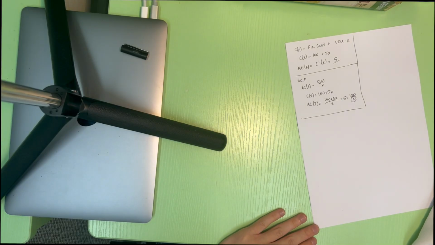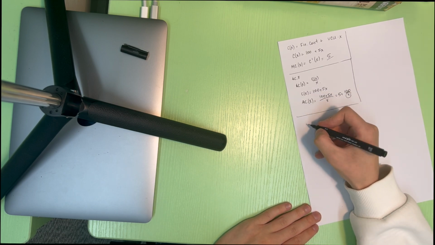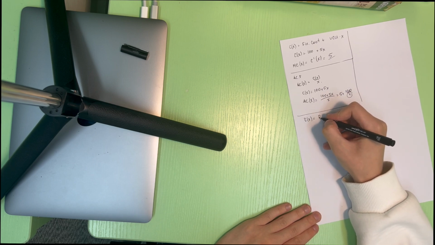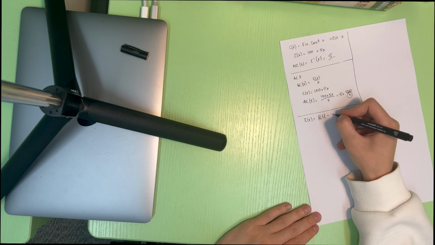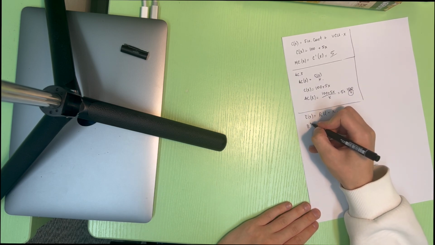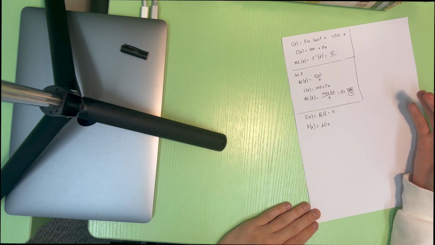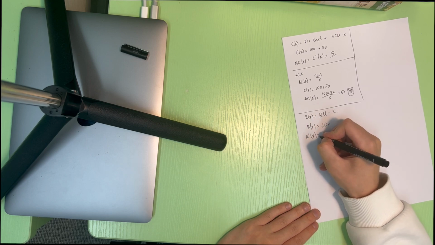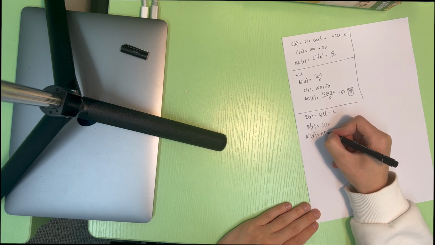So for the revenue function, we have R(x) equals price per unit multiplied by x. For example, we have R(x) equals 20x. If we take the derivative of it, it equals the marginal revenue.